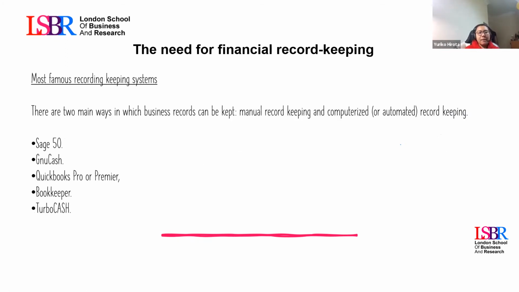The most famous record keeping systems are on this list: Sage 50, Bookkeeper, TurboCash. We have multiple systems. I feel that it's not important whether the system is famous or the most used in the sector.